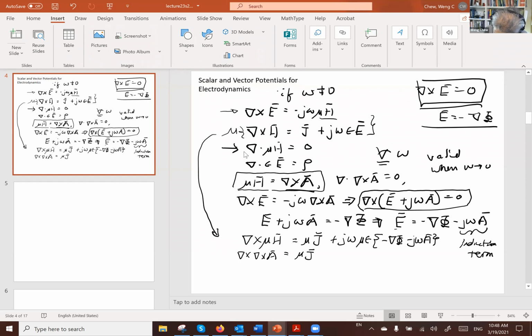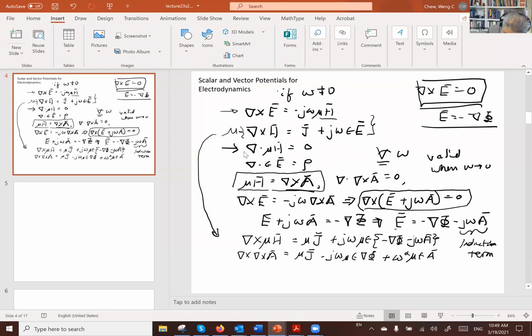And then I can expand this out in greater detail. So it will be j omega mu epsilon gradient of phi. And then the last term should be plus, because minus j and plus j give me a plus omega squared mu epsilon A. I will have that on the right-hand side.